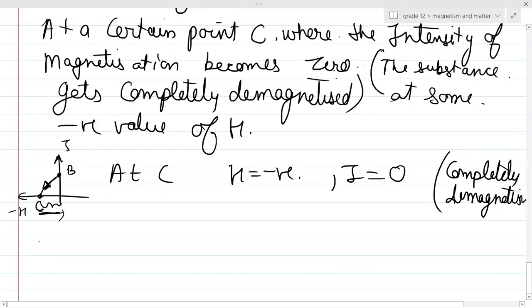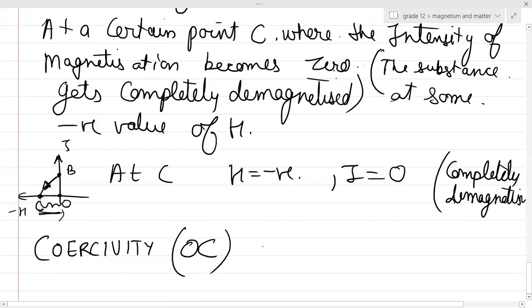For this particular point, we define something new, which is basically called coercivity. Coercivity is basically from this O to C. What is coercivity?